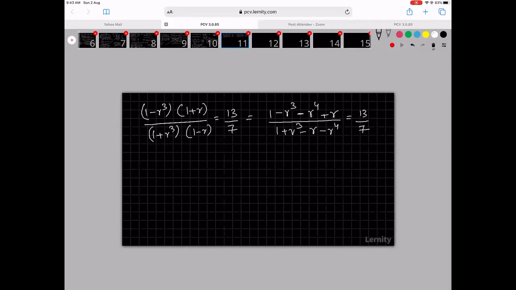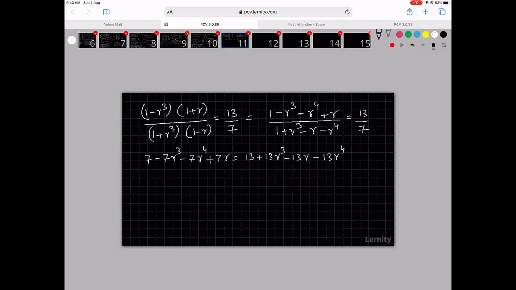Now I will rearrange it. So I'll get 7 minus 7r cubed minus 7r power 4 plus 7r is equal to 13 plus 13r cubed minus 13r minus 13r power 4.